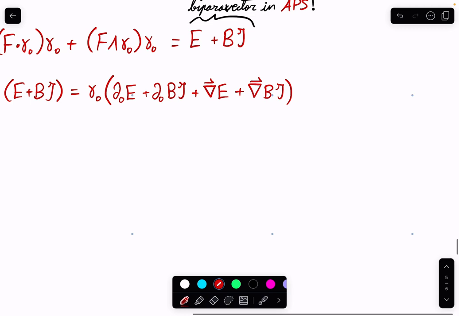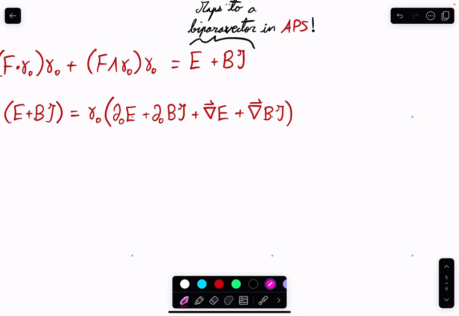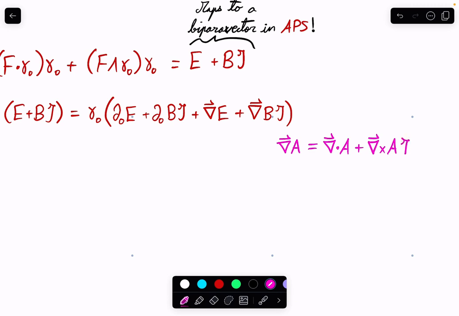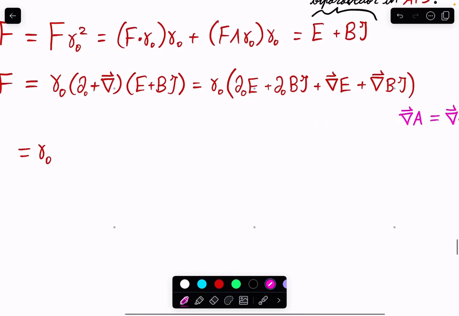The way that we're going to expand that out is by using the identity that the 3 gradient of some bivector A is equal to the 3 gradient dot A plus the curl, the 3 gradient cross AI. So that's the definition that we're using there.